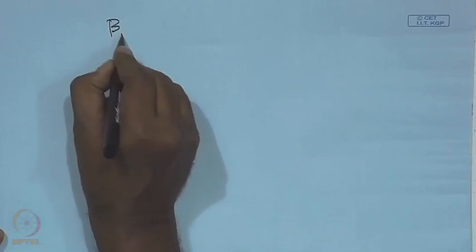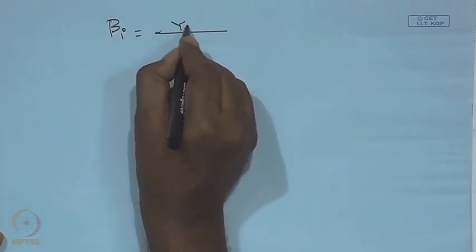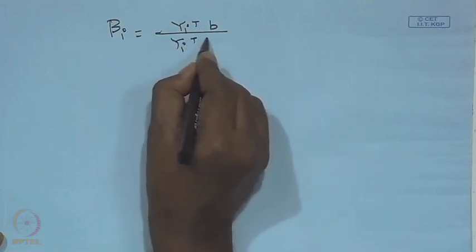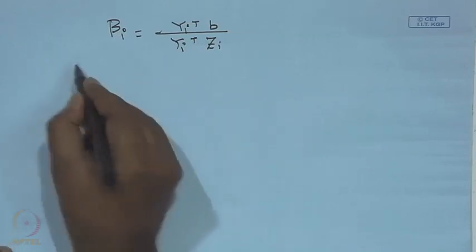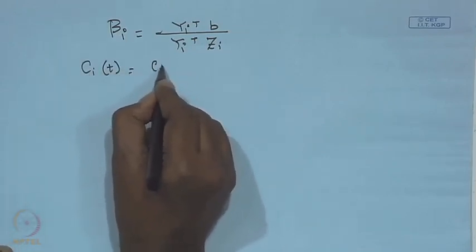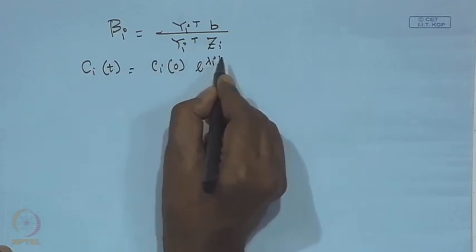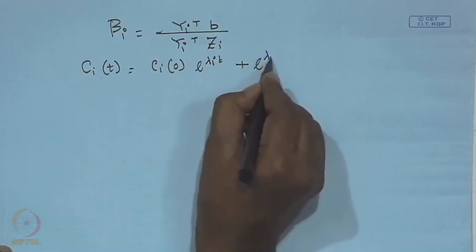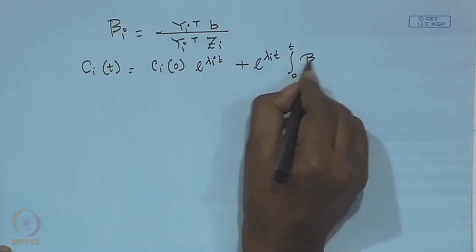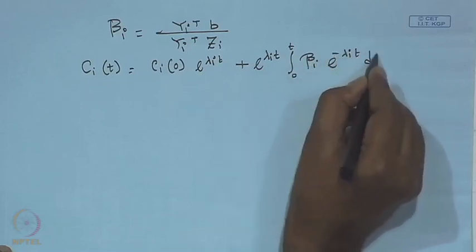If you write down the expression of beta_i, this becomes y_i transpose times b divided by y_i transpose times z_i. The expression of C_i as a function of t, if you remember, becomes C_i(0) e to the power lambda_i t plus e to the power lambda_i t times the integral from 0 to t of beta_i e to the power minus lambda_i t dt.